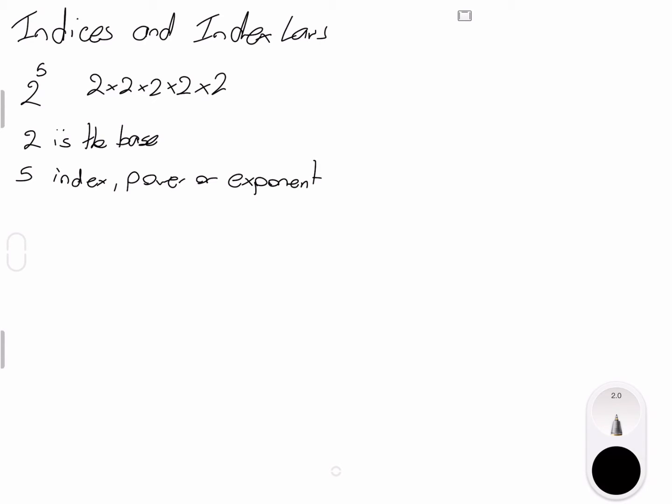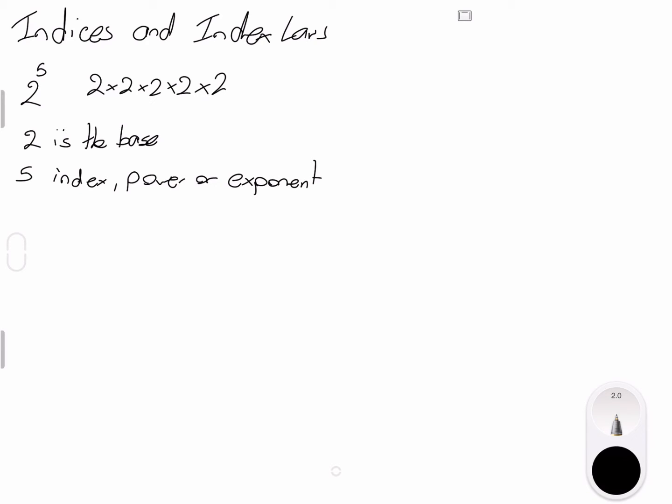The reason we're defining those is because I want to talk quickly about negative bases. So if we've got, say, negative 3 to the power of 2, what does that give us? Well, there's a bit of a rule for it.